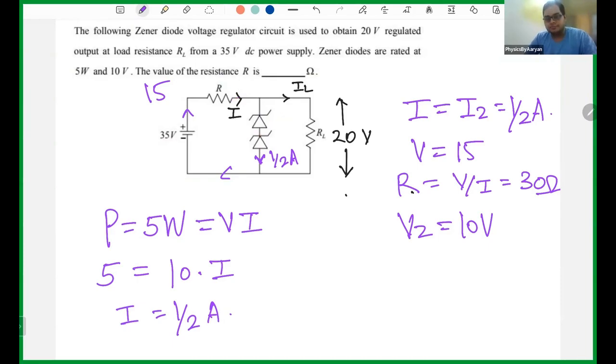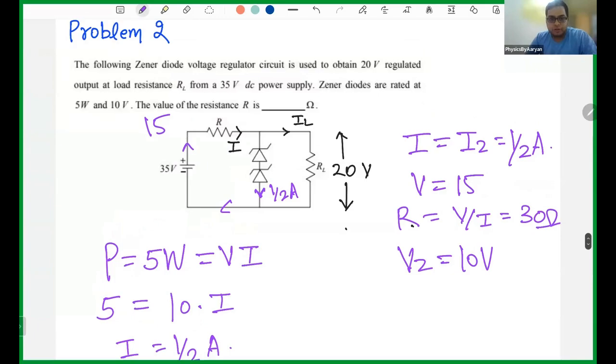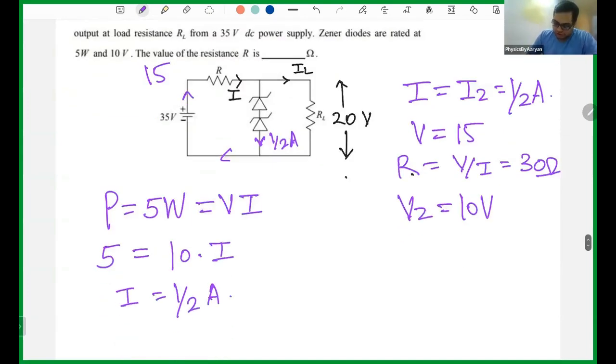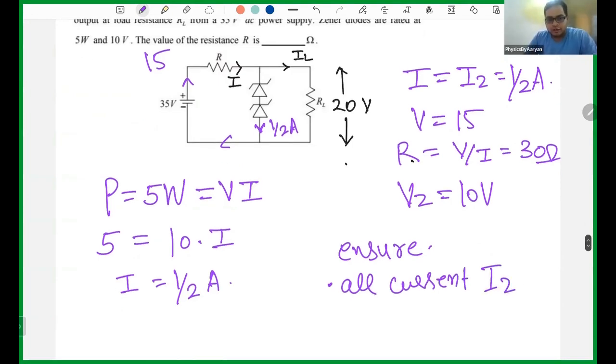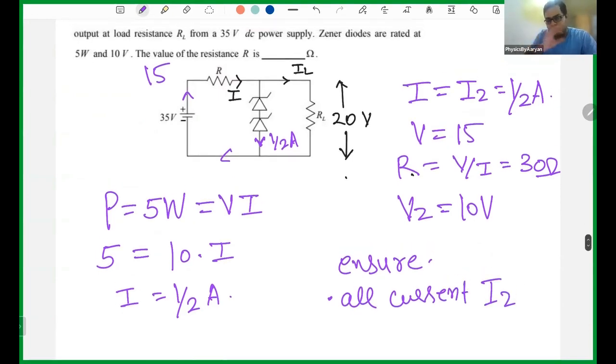Whenever you are finding the limit of a resistor, there will be questions asking what value of resistor you should choose. In that case, you always have to ensure two things. Number one, all current goes through the Zener. You want to be sure that even if all the current goes to the Zener, your Zener diode is still secure. So first, whatever current is coming, you assume that all of it goes to the Zener, just to be secure.